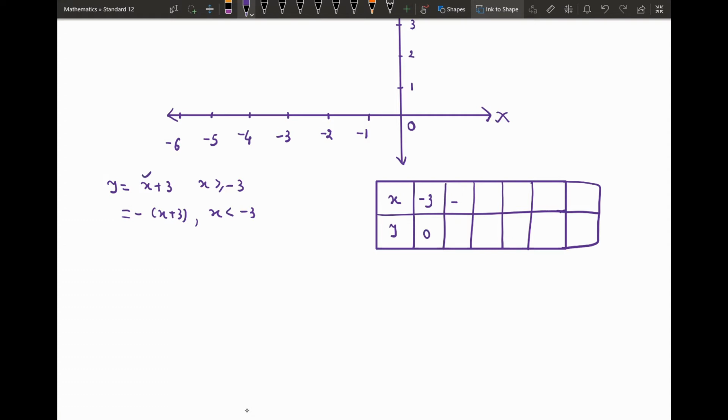If x equals minus 2, then minus 2 plus 3, so y will be 1.